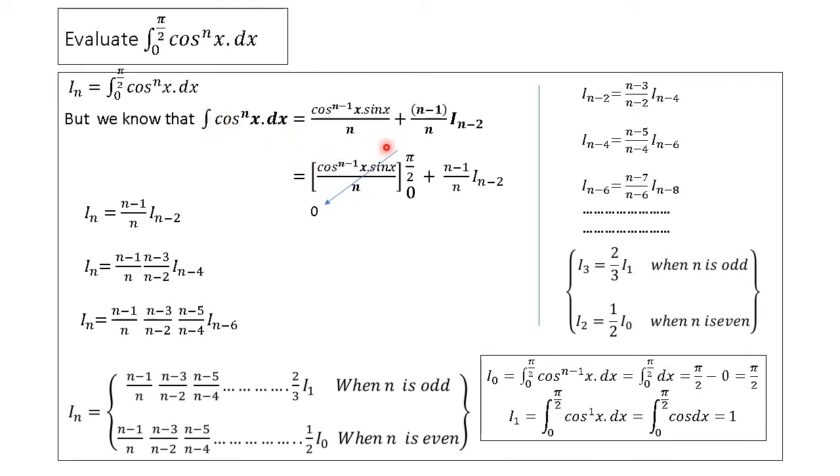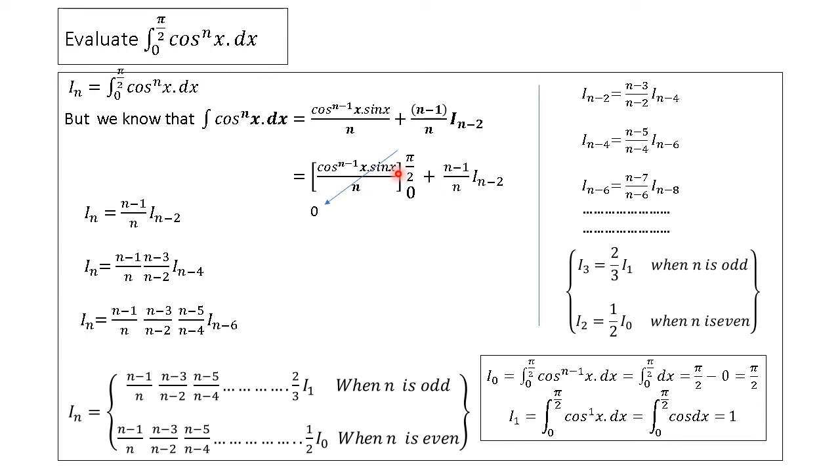Here this is the first term and this one is the second term. This is the constant term. We cannot apply lower and upper limits to the first term, because it does not contain x, so we only apply upper and lower limits to the other part. The second term stays as it is: (n minus 1) divided by n into I_(n minus 2).